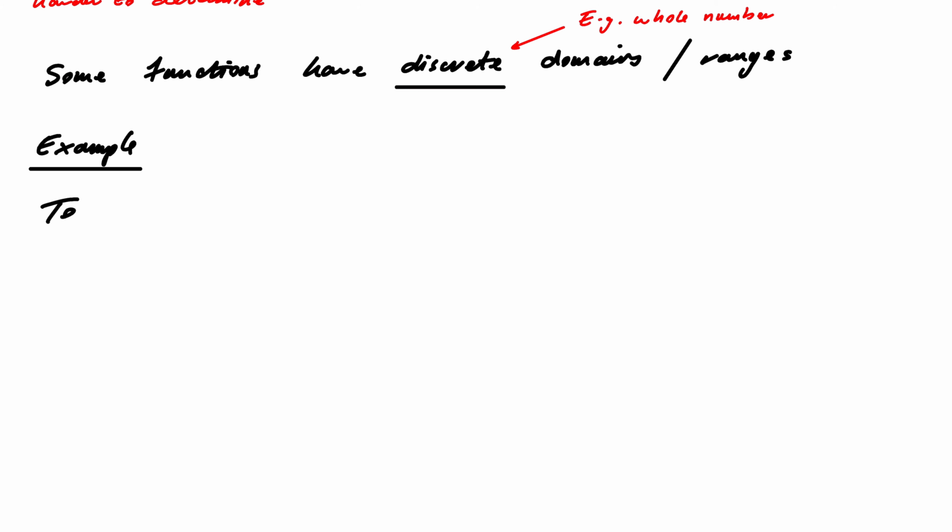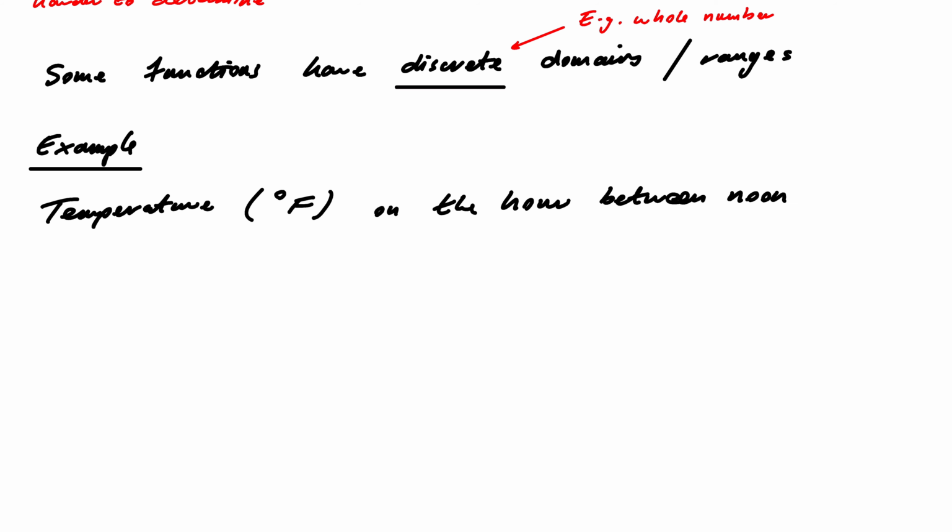So let's do the temperature. Again, I'll do it in Fahrenheit, despite the fact it should obviously be in Celsius. Let's say on the hour between noon and 6 p.m. So imagine that's the information I want the function to gather.